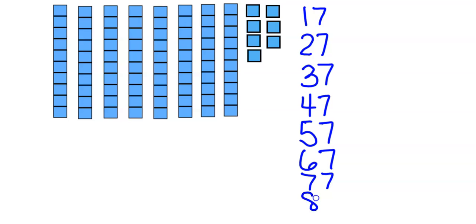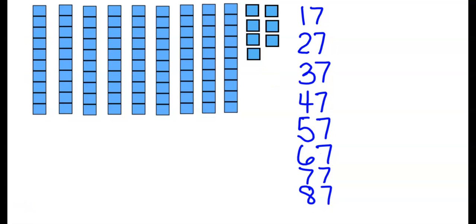So that's 87. Let's add another one, another 10 rod. 10, 20, 30, 40, 50, 60, 70, 80, 90, and 7 more. So that is 97.